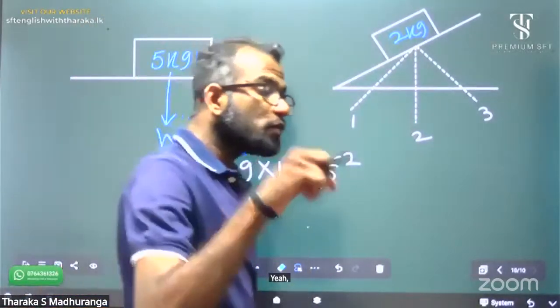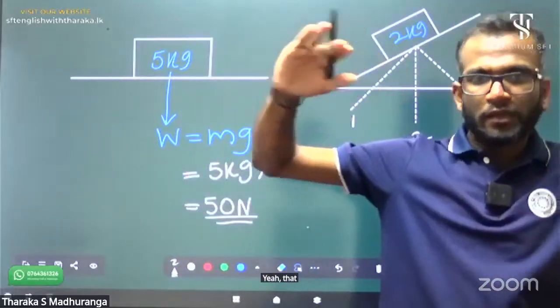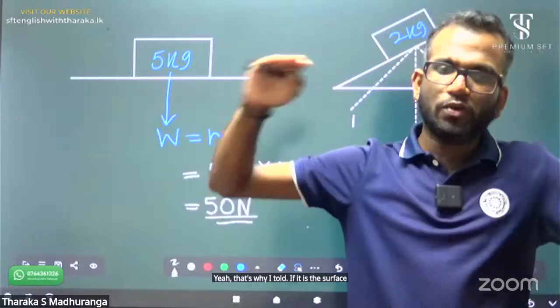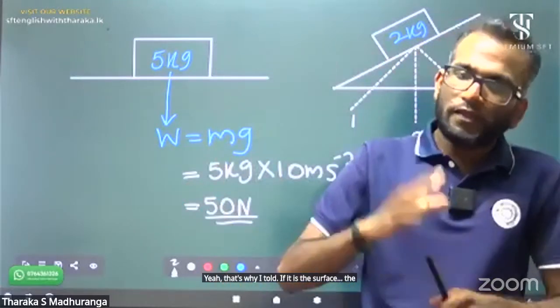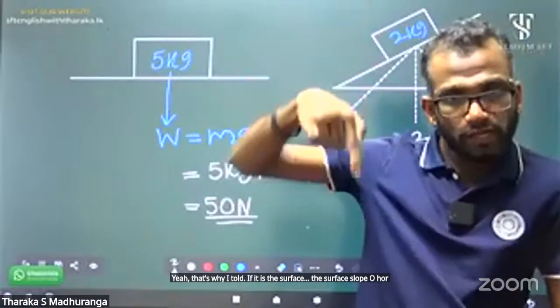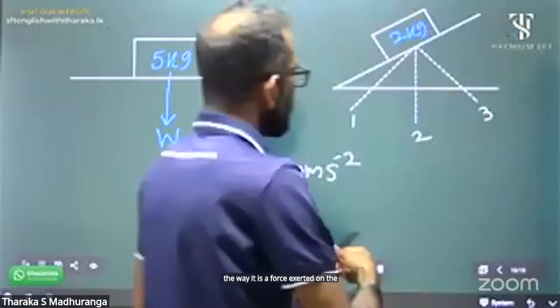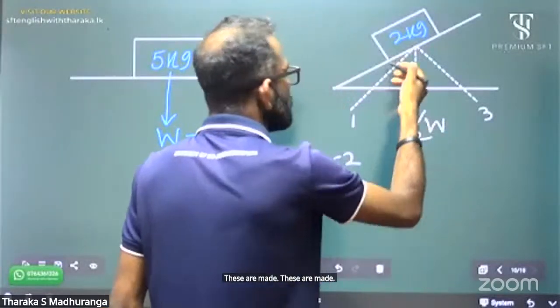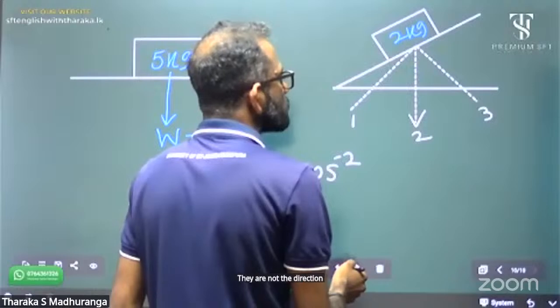Yeah, that's why I told you, whether the surface is slope or horizontal or vertical doesn't matter. The weight is a force exerted on the object towards the gravity direction. This is a weight. The others are not the direction of forces, right?